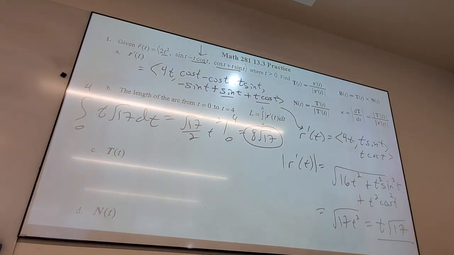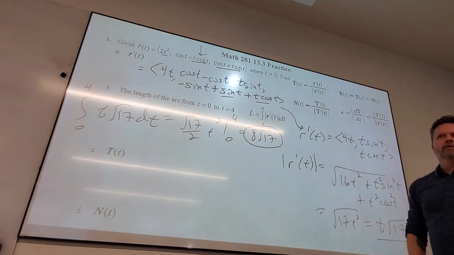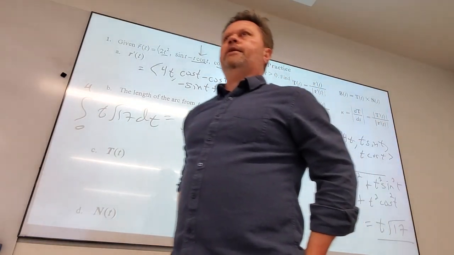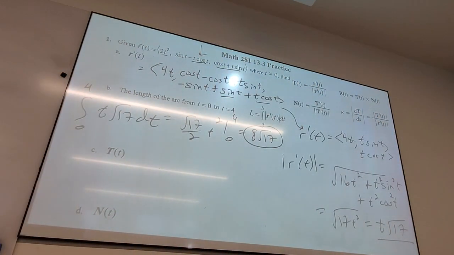So if it looks like it's going off haywire, we should assume to double check the work prior. Sometimes I might say verify that T of t is this, just so you know what your goal is. And if you can't get there, you can at least do the rest of it using what I said it should be.